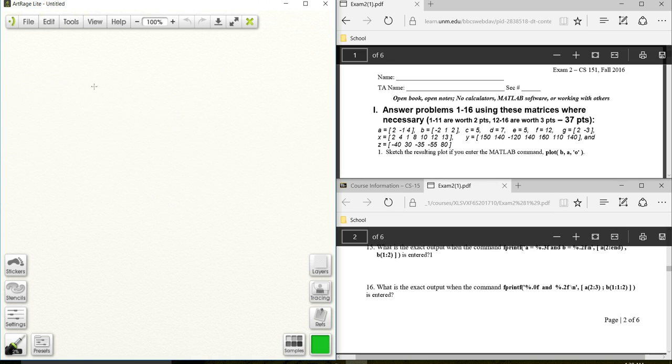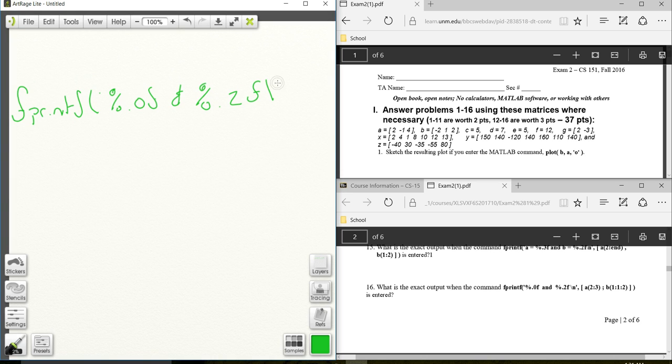If we draw out our matrix, we're going to have fprintf, single quotes, percent .0f, I'm going to use an ampersand sign, percent .2f line feed. And then here is our matrix that we have to figure out.